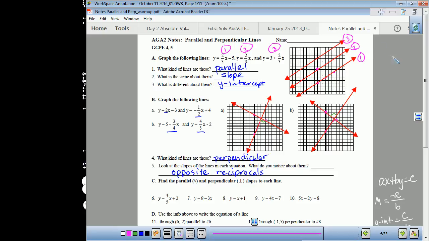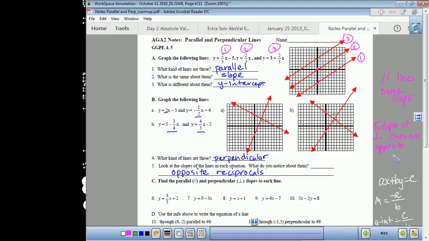On this section, we need to know that parallel lines have the same slope and the slopes of perpendicular lines are opposite reciprocals.